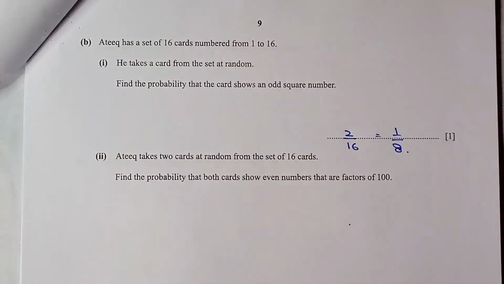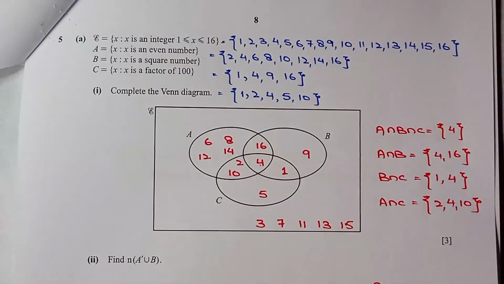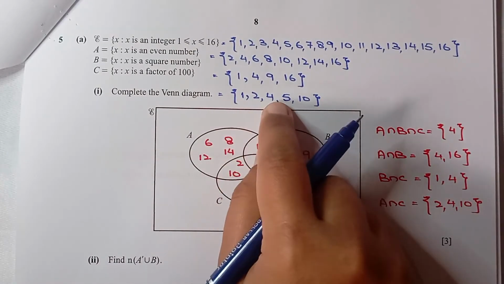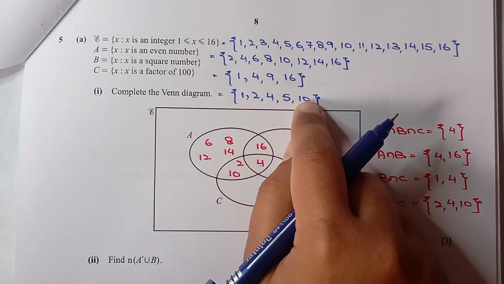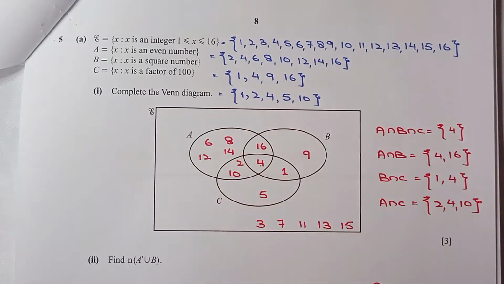Right. Now for the second part, Atik takes 2 cards at random from the set of 16 cards. Find the probability that both cards show even numbers that are factors of 100. Okay, so even numbers that are factors of 100. So the set C, factors of 100, 1, 2, 4, 5, 10. So how many numbers are even? 2 is even, 4 is even, and 10 is even. So 3 numbers are even.